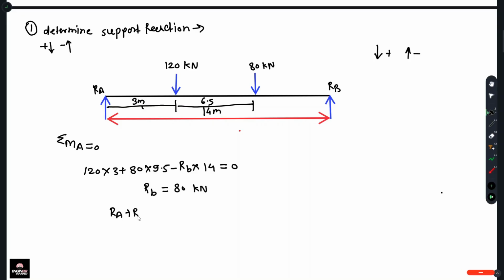RA plus RB is just the addition of these two loads, so RA plus RB is equal to 200 kilonewton. This is our equation 1.